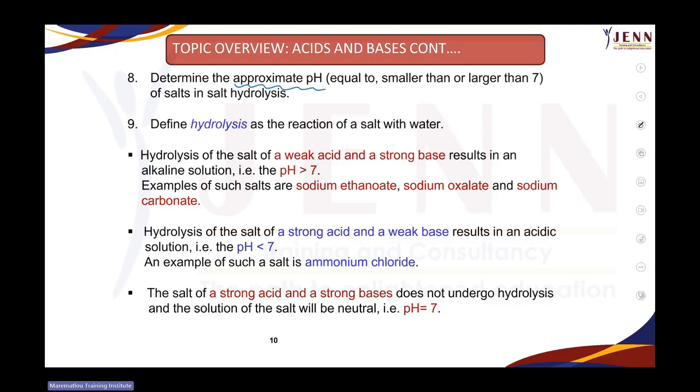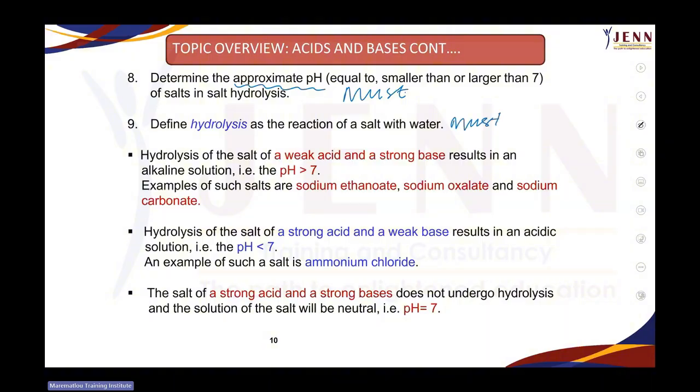This will give you a good approximation of pH when choosing an indicator. So this is also going to be a must for us. When choosing an indicator, we must be able to do hydrolysis. Okay, and then it says define hydrolysis, which is a reaction between salt and water. That is out of the way. It's a definition, so it's a must know.